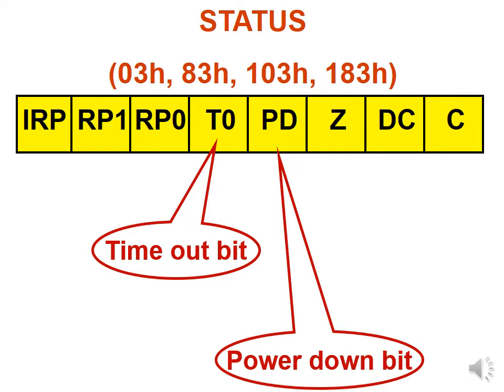The PD bit is the power down bit. It is a bit that is used to power down the microcontroller. The TO is a timeout bit, a bit that indicates that there was a timeout.